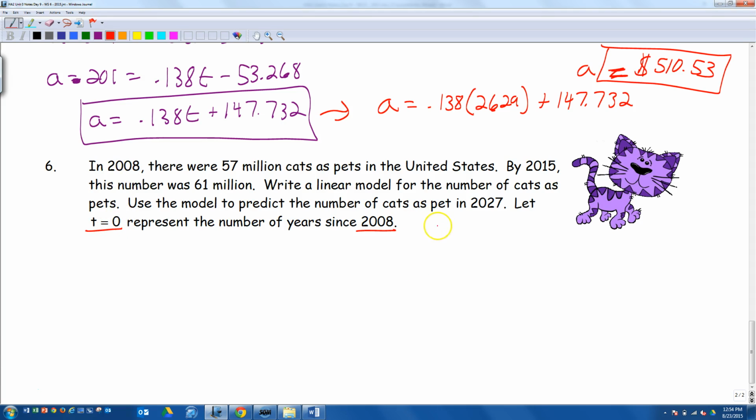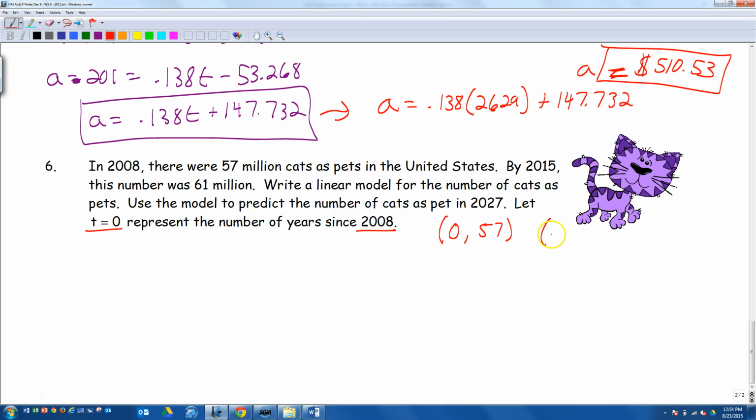So we have 2 points then. Again, this is going to be years and then number of cats. So cats are y, and time is x. We know at 2008, which is 0, there were 57 million cats.